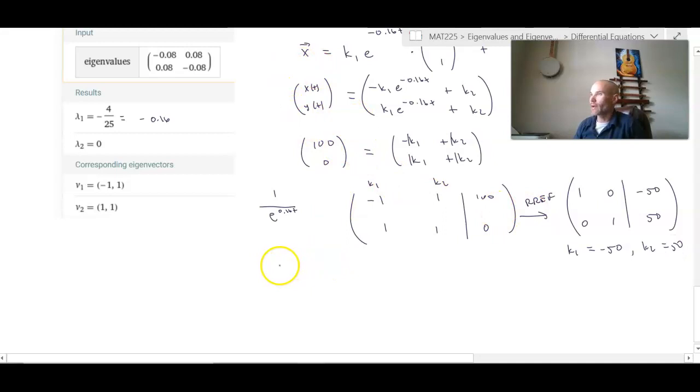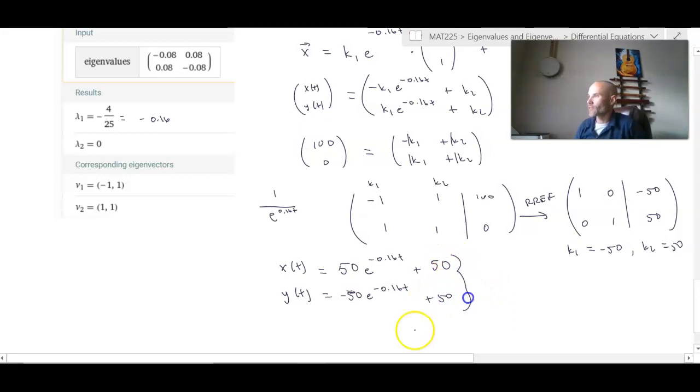So remember, my goal is to write equations for the amount of salt in drum 1, which is negative of k1, so negative 50, positive 50, e to the negative 0.16 t, plus k2, which is plus 50. And then y of t will equal k1, which is negative 50, e to the negative 0.16 t plus 50.